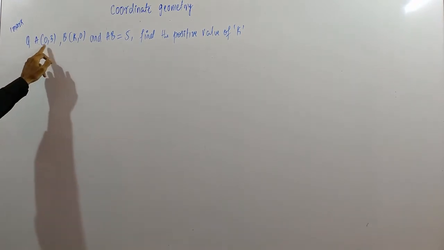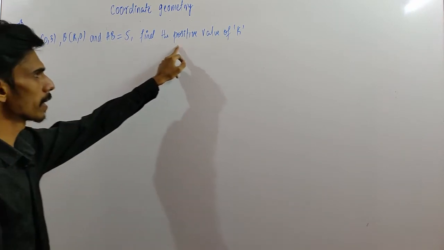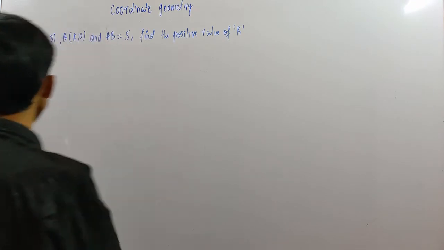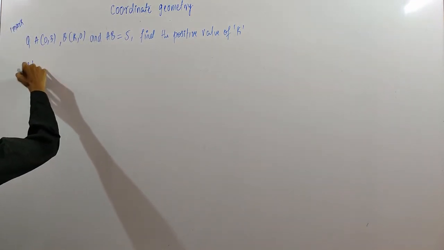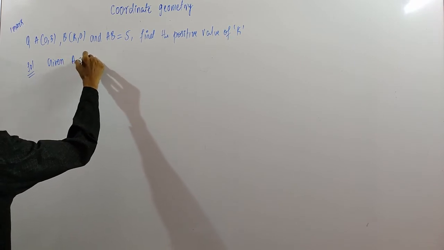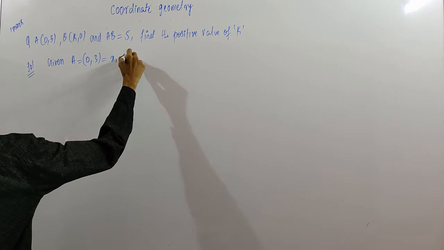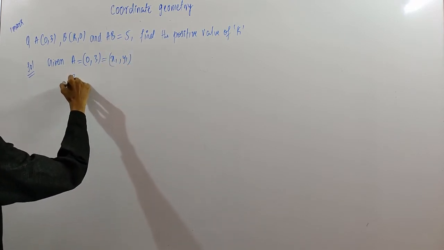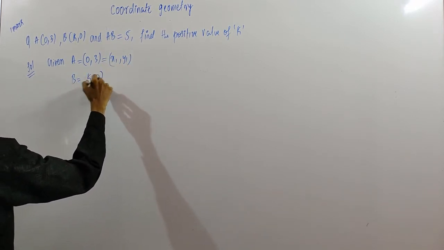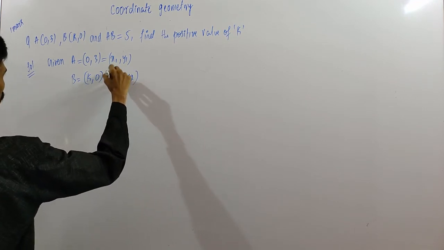Given A of (0, 3), B of (k, 0) and AB equal to 5. Find the positive value of k. Given A is equal to (0, 3), let us take this as (x1, y1). Similarly, we have B is equal to (k, 0). Take it as (x2, y2).